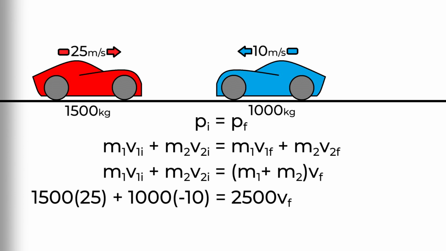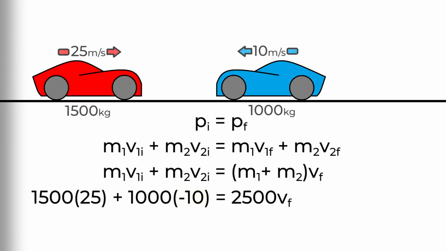So when we said the 1,500 kilogram car was moving at 25 meters per second to the right, we ultimately were saying that the right was the positive direction, which means our 1,000 kilogram car moving to the left has a negative velocity. So plugging in negative 10 for the velocity of our 1,000 kilogram car, we have an expression for the total linear momentum of the two cars before the collision.